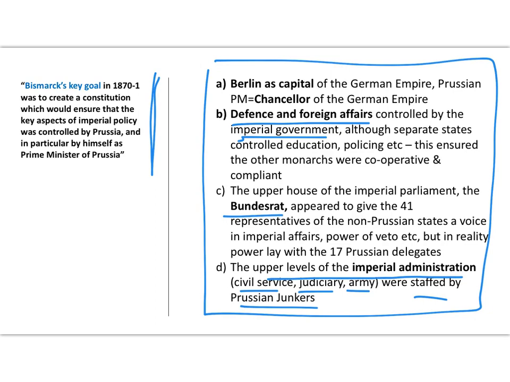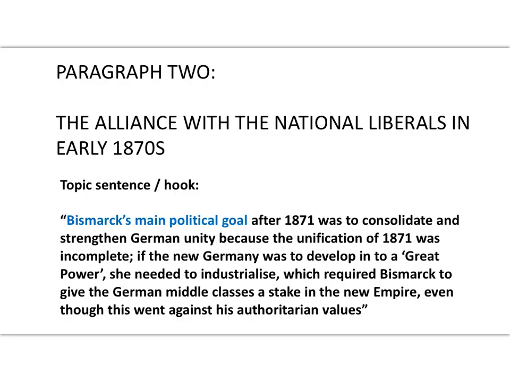Let's move on. Then, again chronologically, staying in the early 1870s, you want to develop a point about the alliance with the National Liberals. So my topic sentence would be along the lines of: Bismarck's main political goal after 1871 was to consolidate and strengthen German unity, because the unification of 1871 was complete.